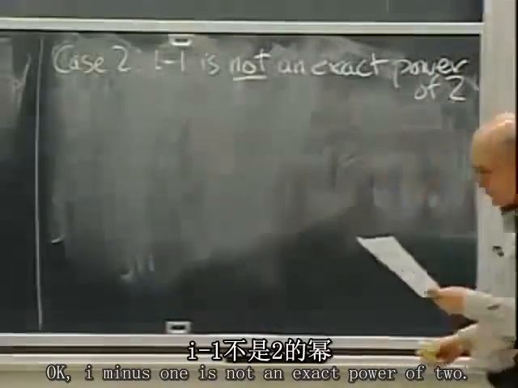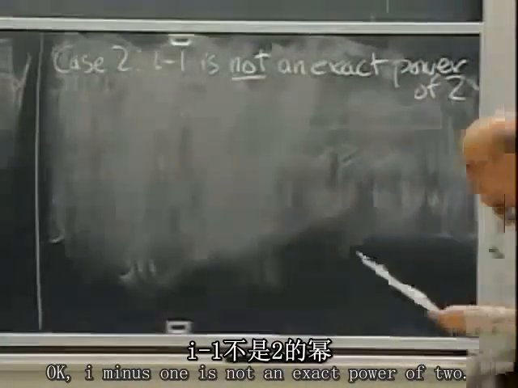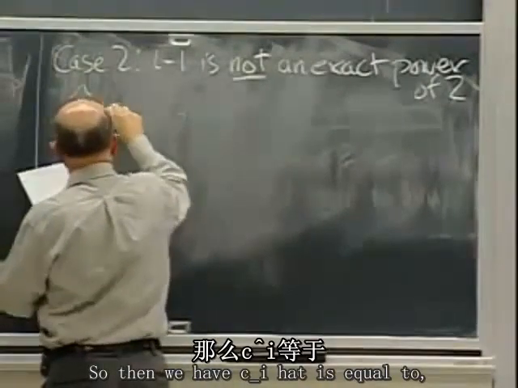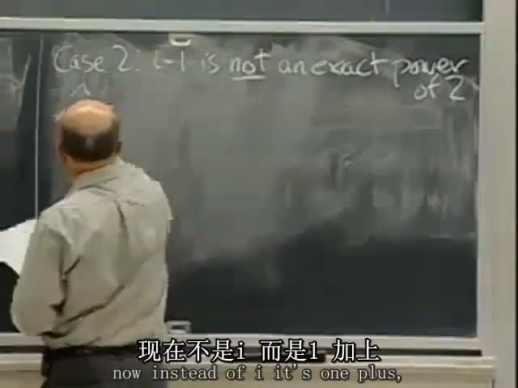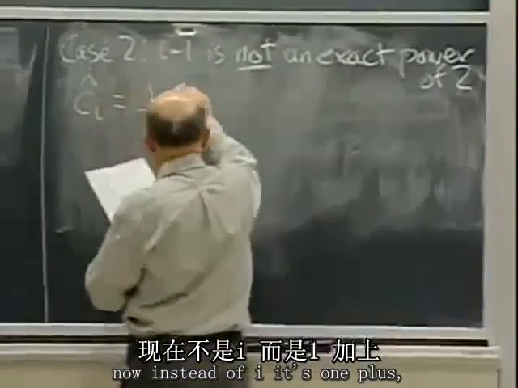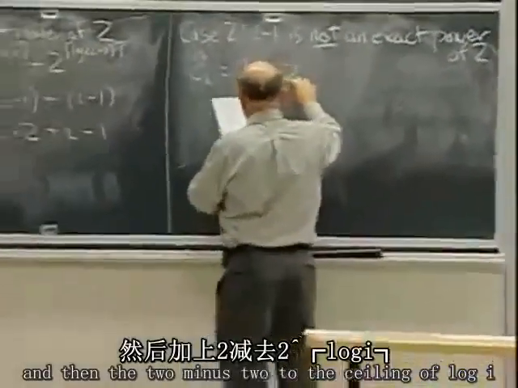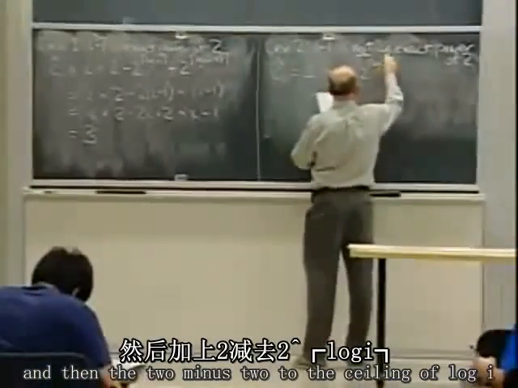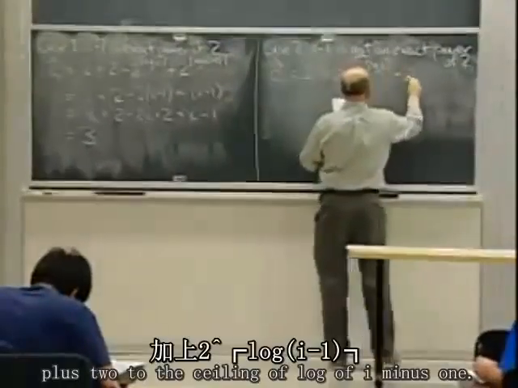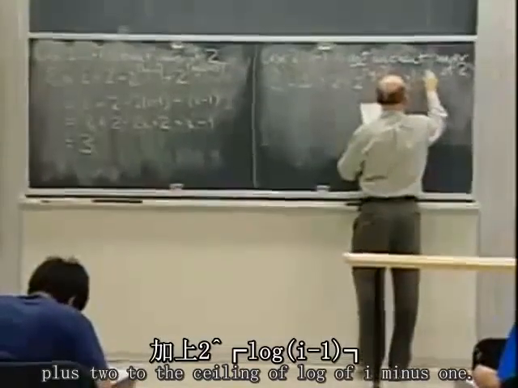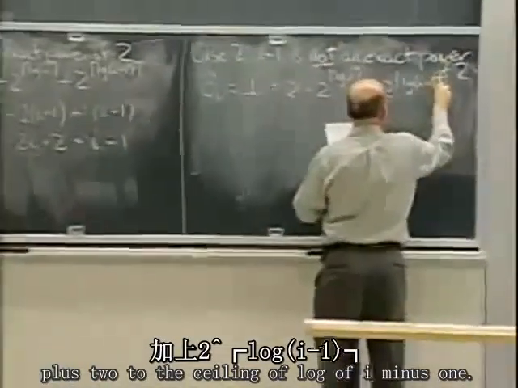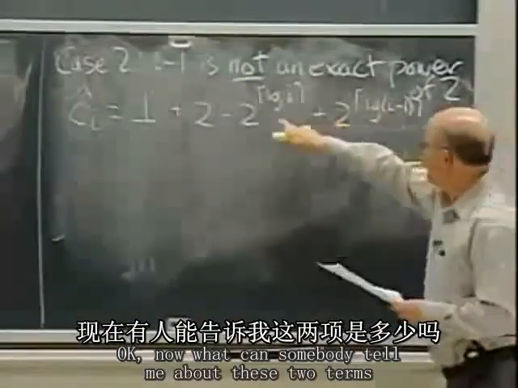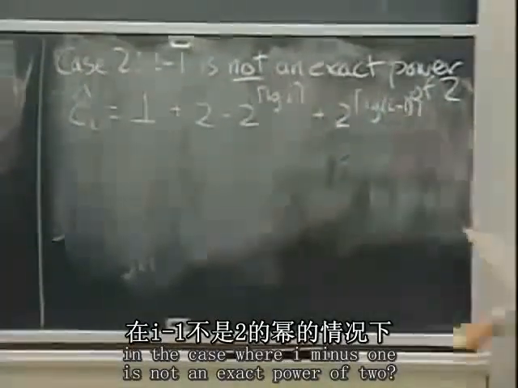I minus 1 is not an exact power of 2. So then C_i hat is equal to, now instead of I, it's 1 plus 2 minus 2 to the ceiling of log I plus 2 to the ceiling of log of I minus 1. Now what can somebody tell me about these two terms in the case where I minus 1 is not an exact power of 2?